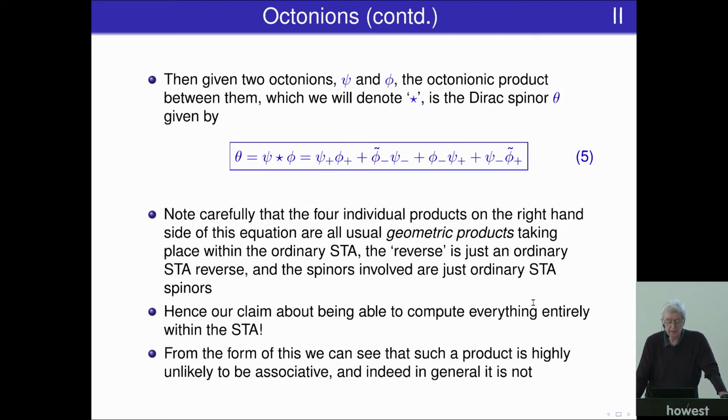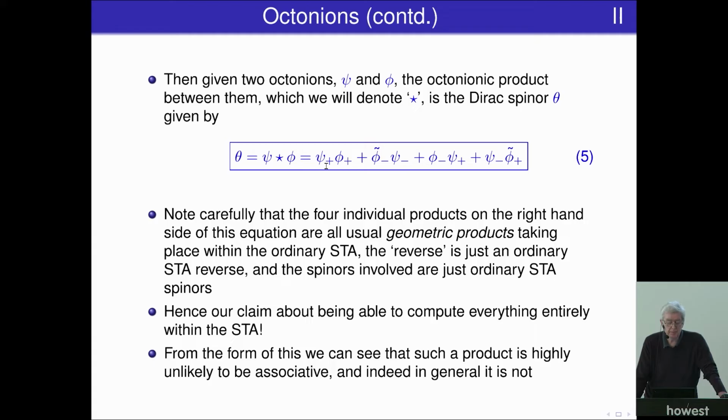And here it is. Here's the answer then for how we multiply two octonions, psi and phi, which to us are Dirac spinors, to get a new Dirac spinor which has the properties we need. We're going to call the operation of octonionic multiplication star, and the new spinor is given by this.